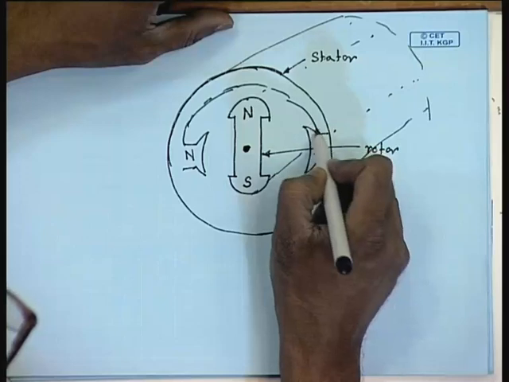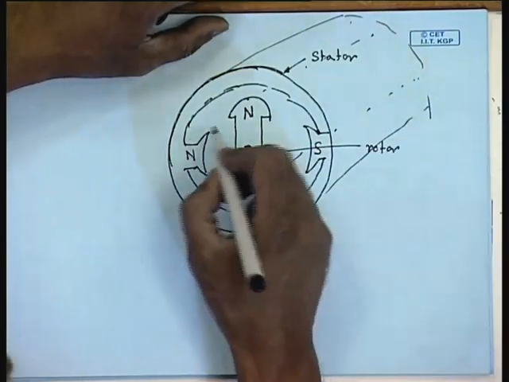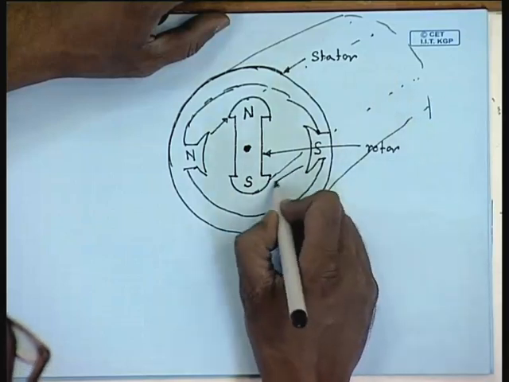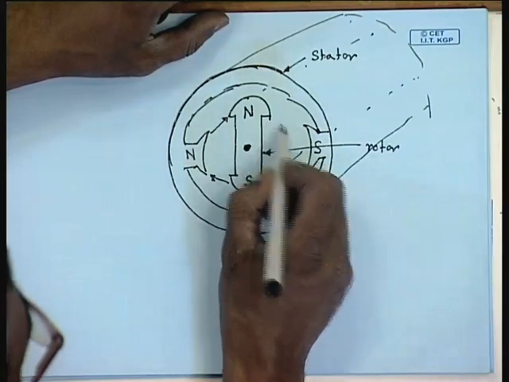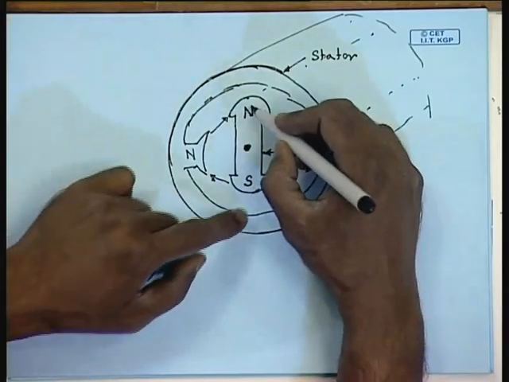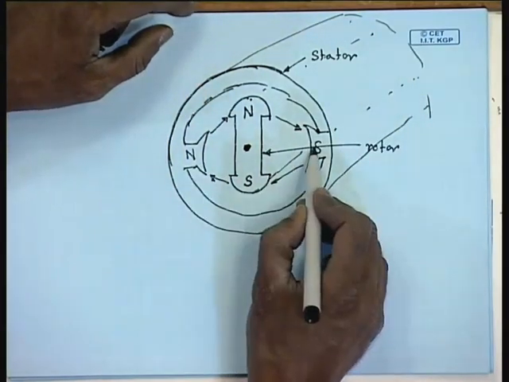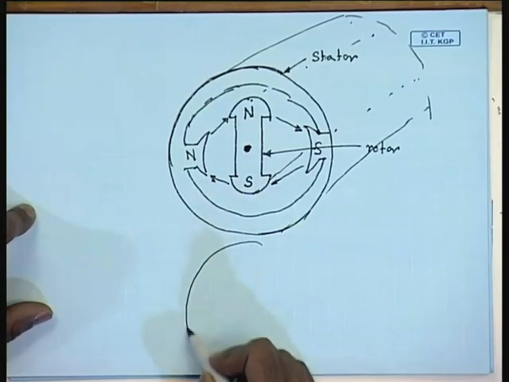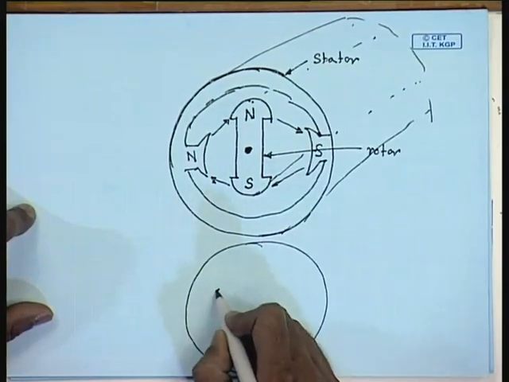Of course, there will be a repulsive force on this north pole, there will be a repulsive force on this south pole, there will be an attractive force in this direction and there will be another attractive force in this direction. As a result, this rotor will try to align itself with this north pole and this south pole, and in the aligned position it will look like this.